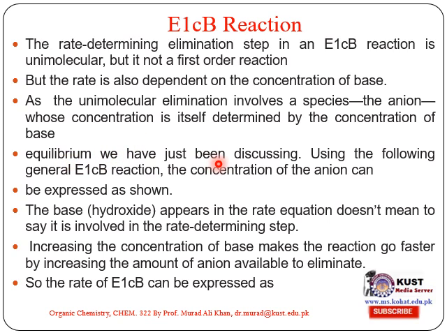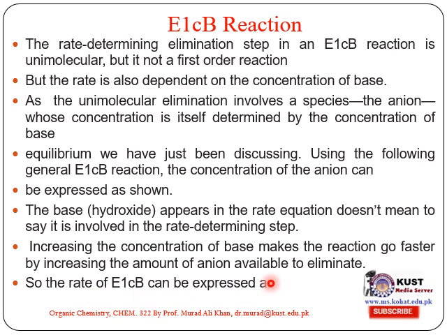The equilibrium we have just been discussing. Using the following general E1cB reaction, the concentration of the anion can be expressed as shown. The base hydroxide appearing in the rate equation does not mean to say it is involved in the rate determining step. Increasing the concentration of base makes the reaction go faster by increasing the amount of anion available to eliminate.